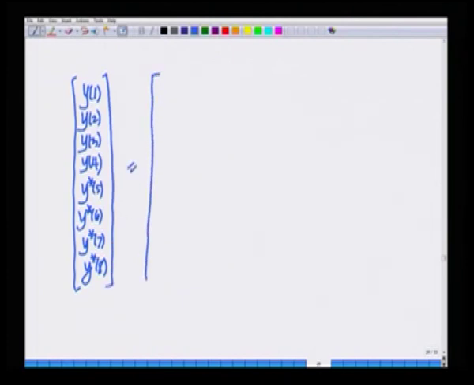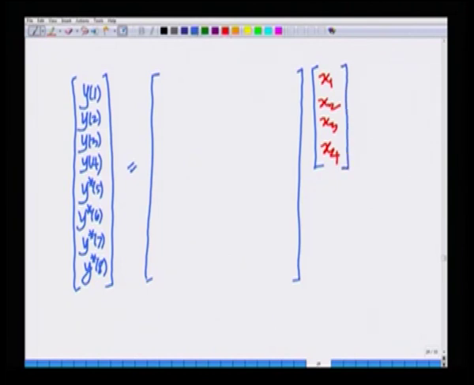I can write this equivalent matrix as follows. On the right hand side, I have x1, x2, x3, x4, and this is the channel matrix.